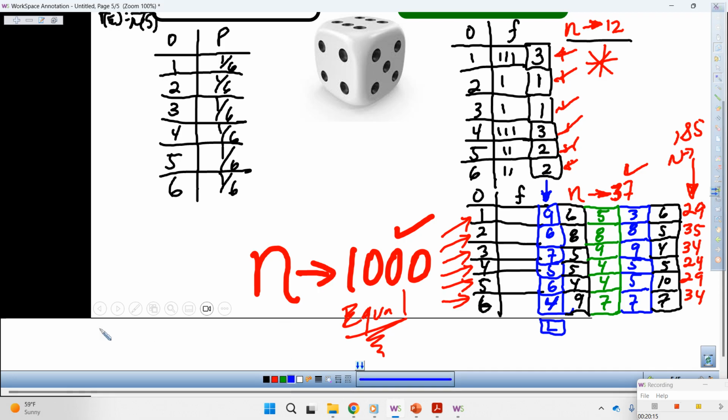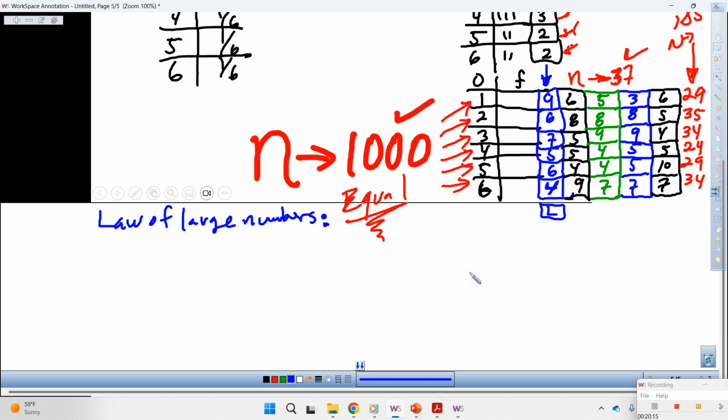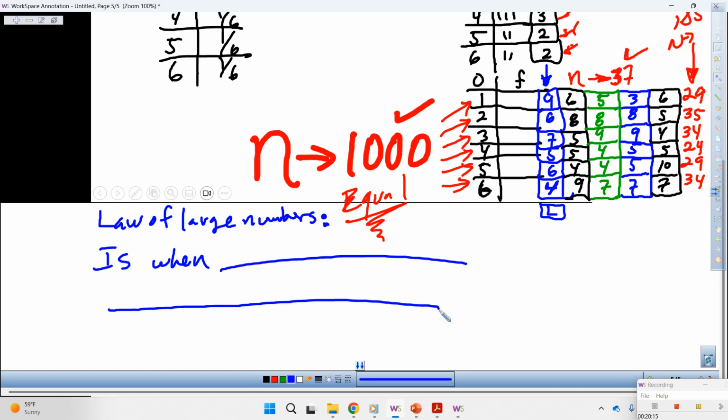And by the way, on your paper, I want you to write this. Law of large numbers, colon. So basically what we just experienced right now with empirical probability is the law of large numbers, which says the law of large numbers is when, turn to your neighbor and fill in the blank.